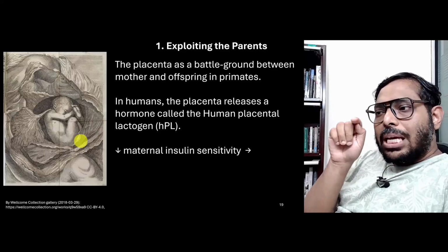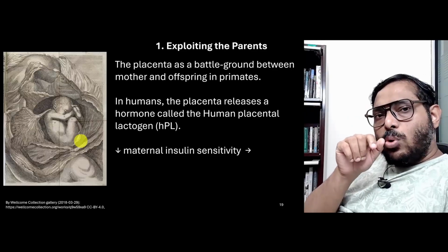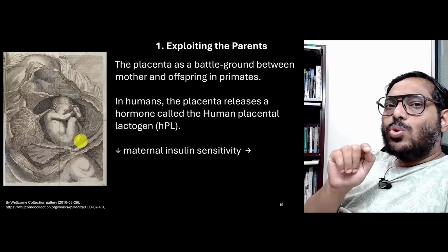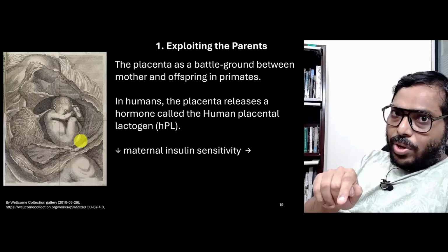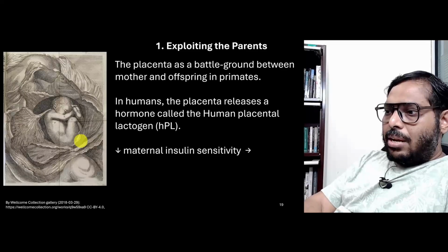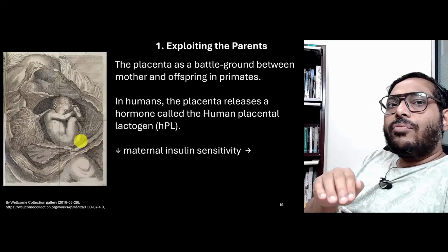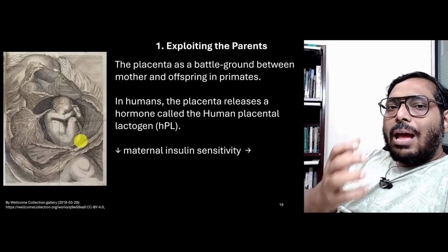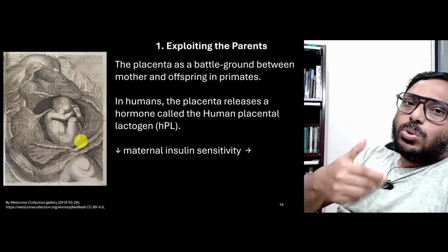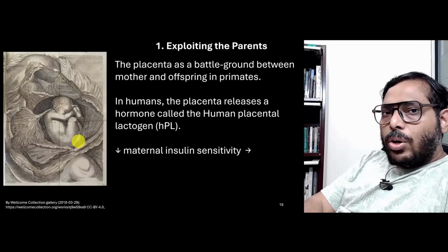Now, what this HPL does is it reduces the maternal insulin sensitivity. Essentially, it reduces the ability of insulin to control the amount of glucose in blood, to reduce the amount of glucose in blood. What will happen?